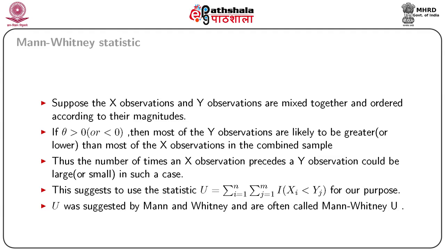On the other hand, if theta less than 0, such a quantity could be small. This suggests using the statistic U equal to summation i from 1 to n, summation j from 1 to m, indicator of x_i less than y_j for our purpose. The statistic U was suggested by Mann and Whitney and is often called Mann-Whitney U.